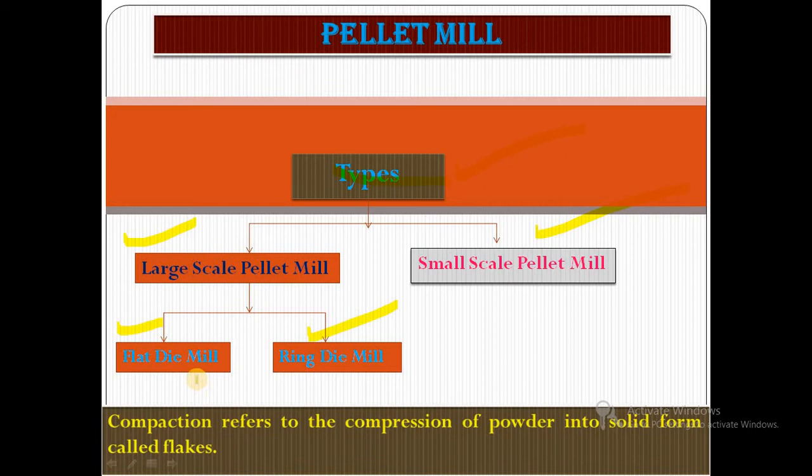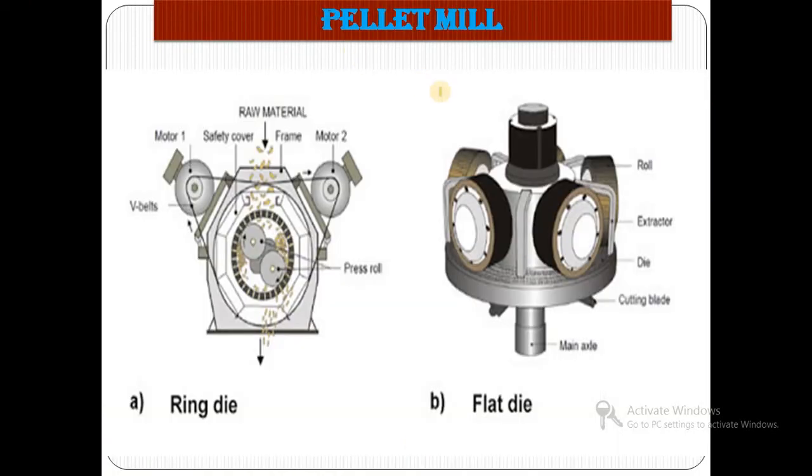So we will only highlight the flat die mill technique and ring die mill technique. We know that compaction means a compression technique in which powder is converted into uniform sized solid material. These are the diagrams of pellet mill. We will highlight the features of the ring die and flat die techniques in the next slide.